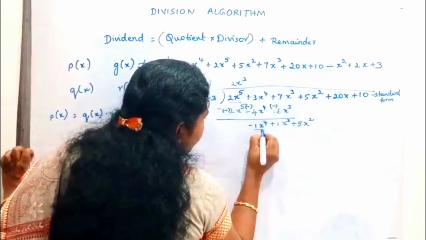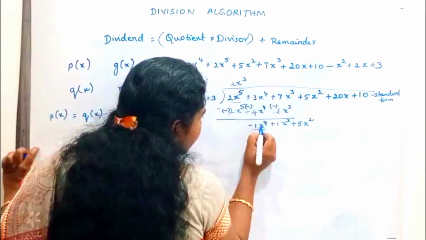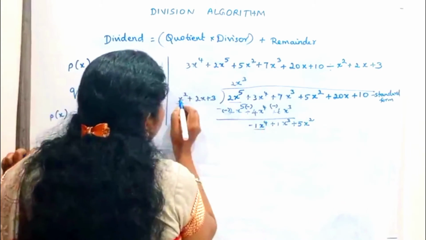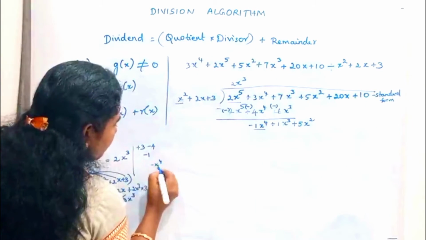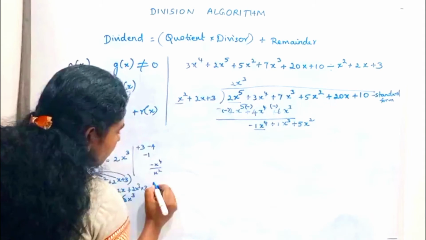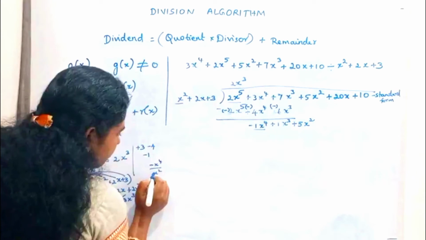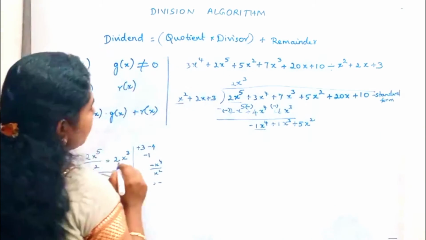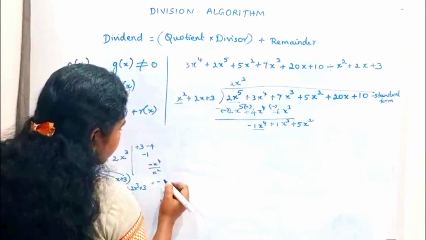Now this is the first term, and here this is the term. So what we have to do is minus x power 4 divided by x square. Here there is a minus, so the answer will get a minus, because when we are dividing two numbers, if one number is negative, our answer will be negative. Already we have seen in the division topic.